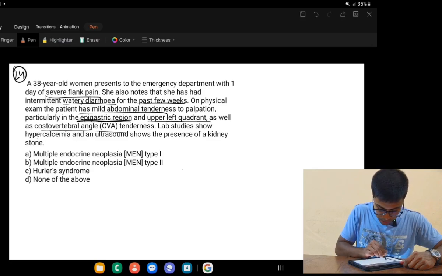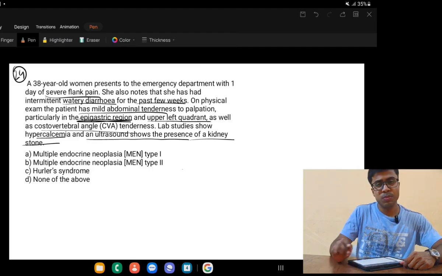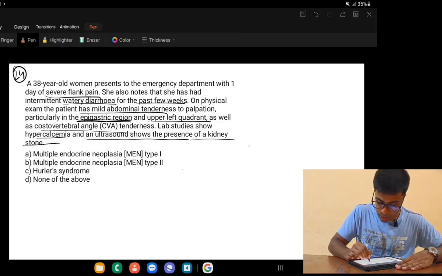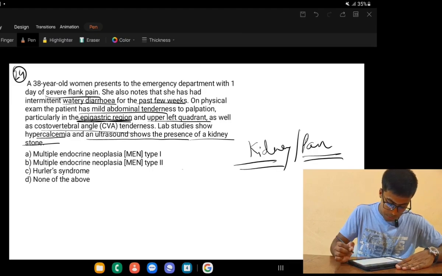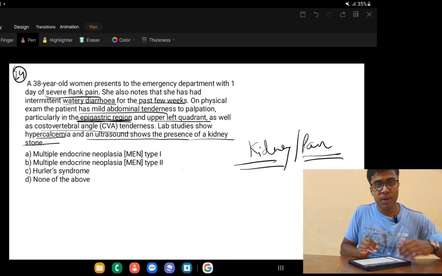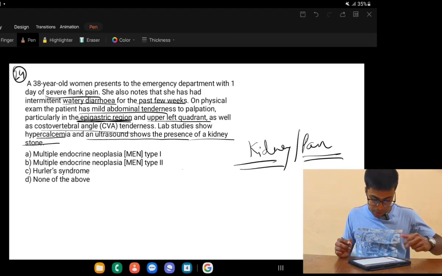Labs show hypercalcemia and ultrasound shows a kidney stone. There is a confusion here: kidney or pancreas. With severe flank pain, epigastric region and upper left quadrant, it must be pancreas.